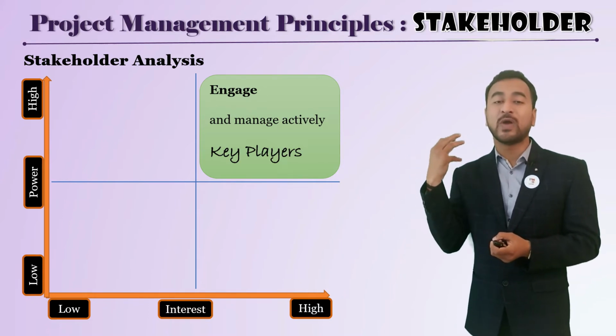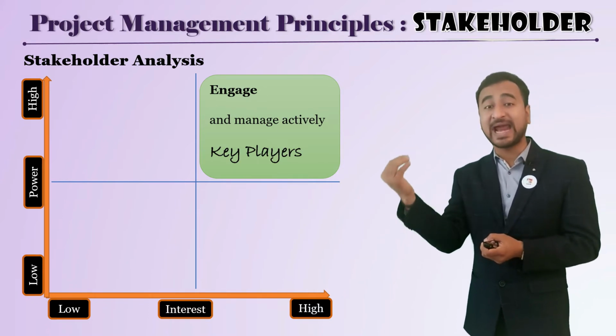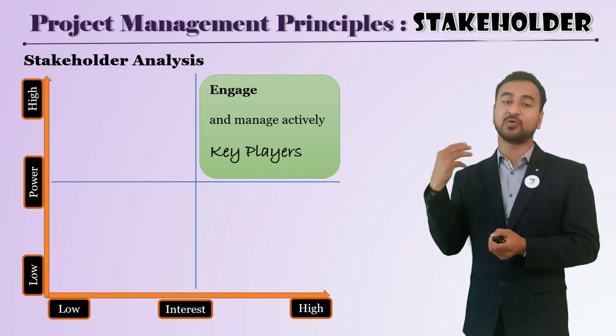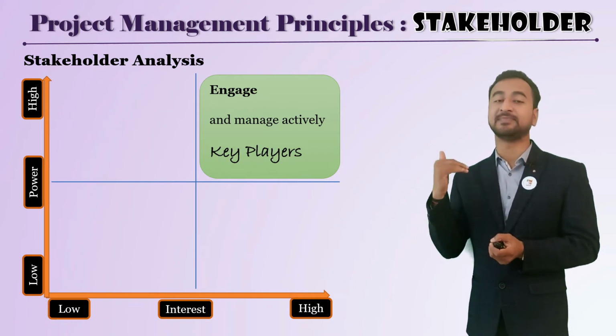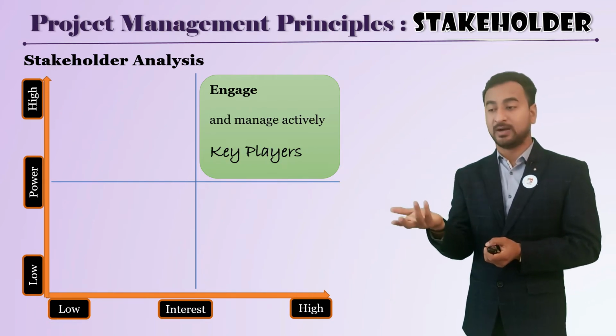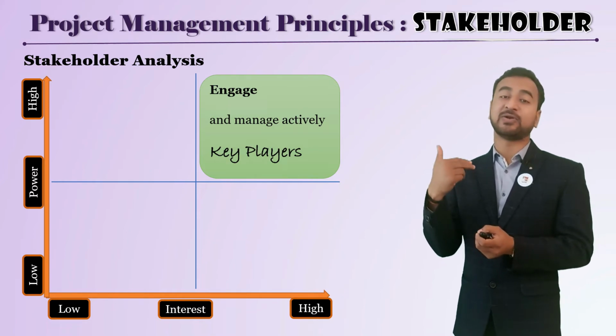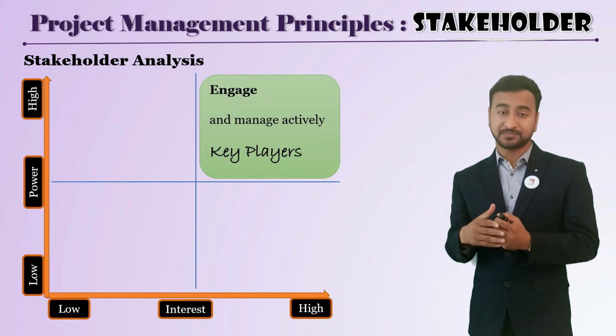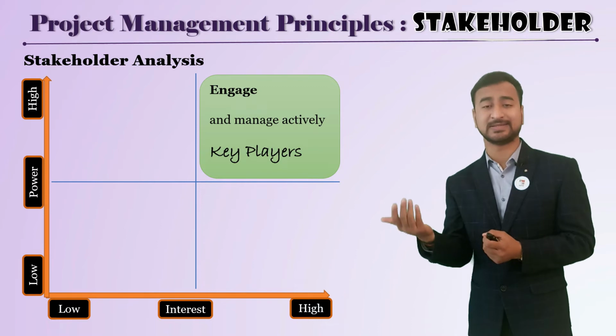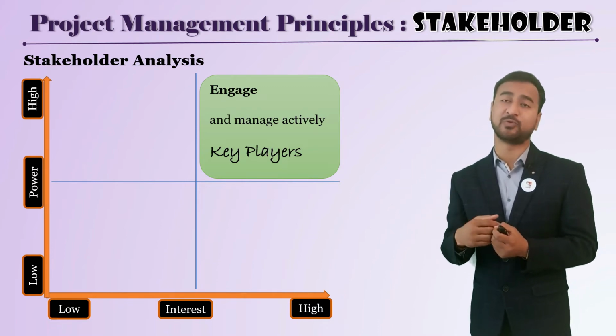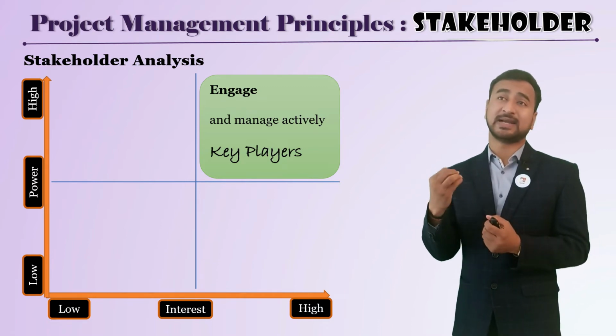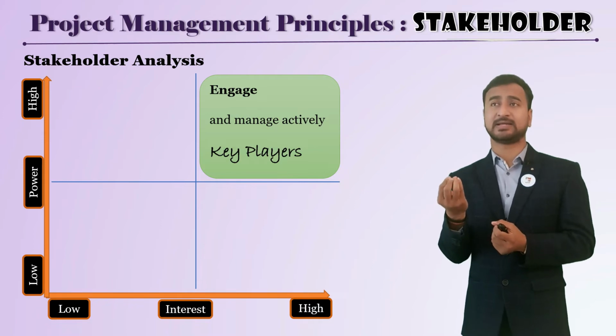You have to engage and manage them actively, because at any given point of time their interest may change, and if you do not keep maintaining them, the project outcome would be affected.